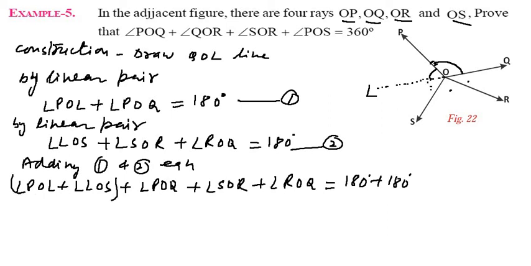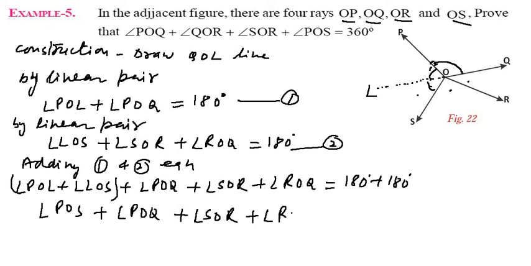So you can see this angle and this angle both together make the angle POS. So you can write here angle POS plus angle POQ plus angle SOR plus angle ROQ will be equal to 360, and hence proved.